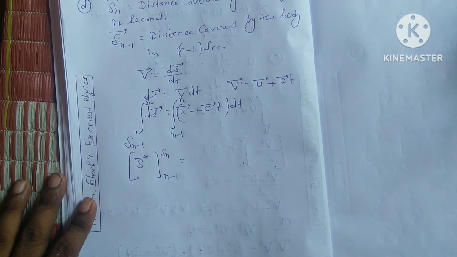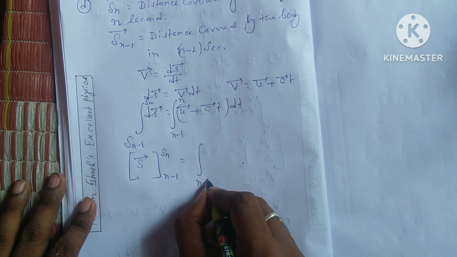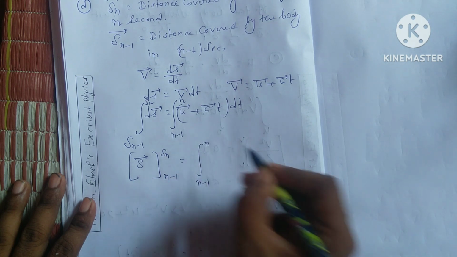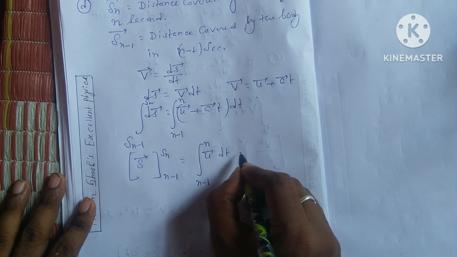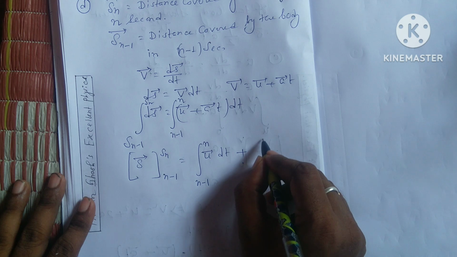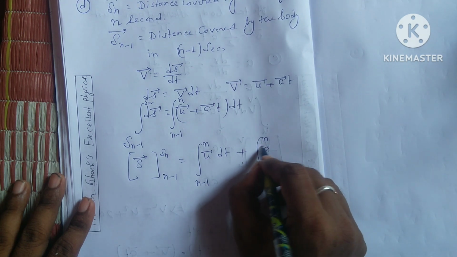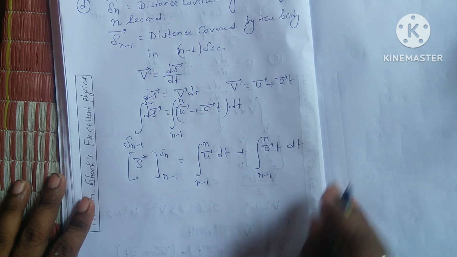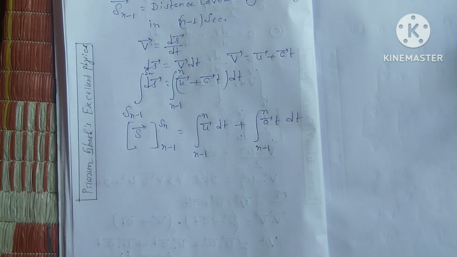We can write integral from n minus 1 to n of u dt plus integral from n minus 1 to n of at dt. Here we get the value of this equation.